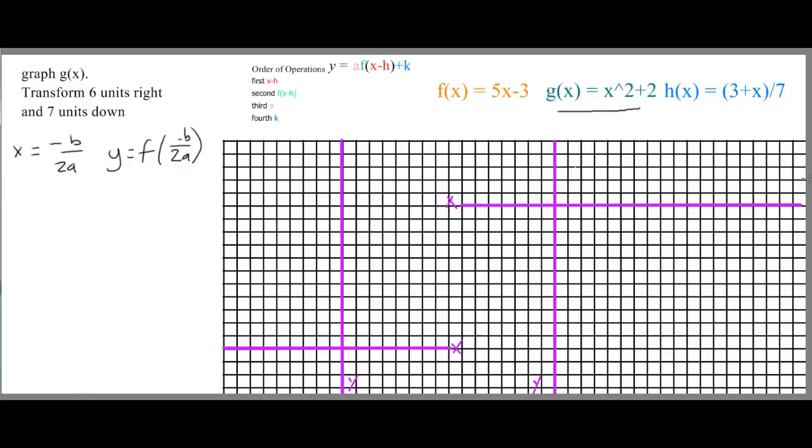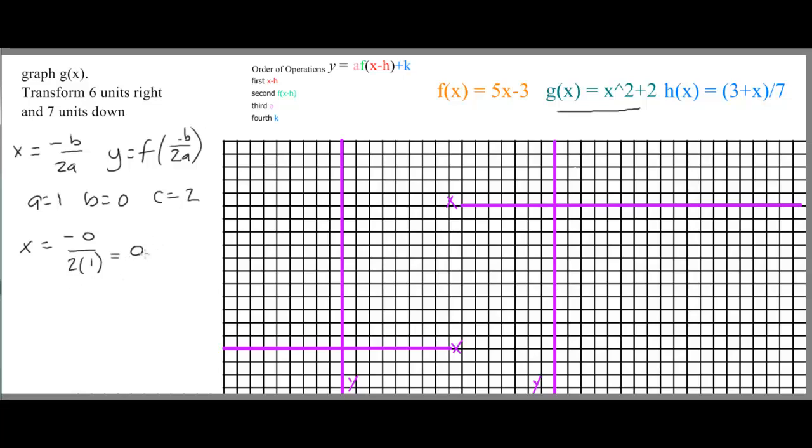Again, we're working with the function g of x over here. So a is going to be 1. We don't have a b term, so b is 0. And c is going to be 2. Let's plug this into our vertex formula. X is going to be minus b, which is 0, so we know right away that x is going to be 0.